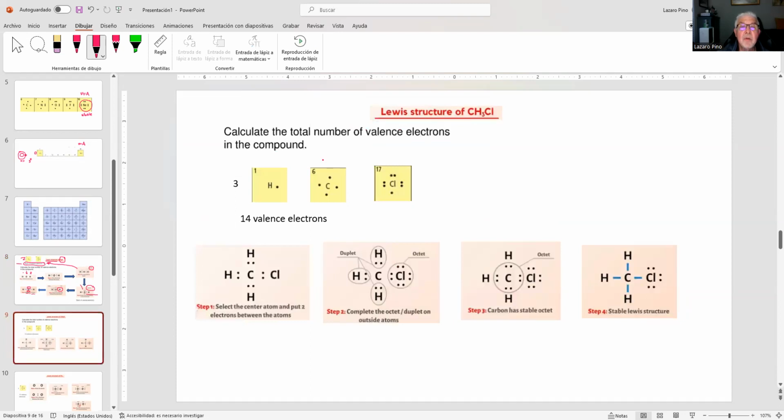Let's go to this compound. This compound has 1 chlorine, 3 hydrogen, and 1 carbon. Methyl, this is a chloride of methyl.